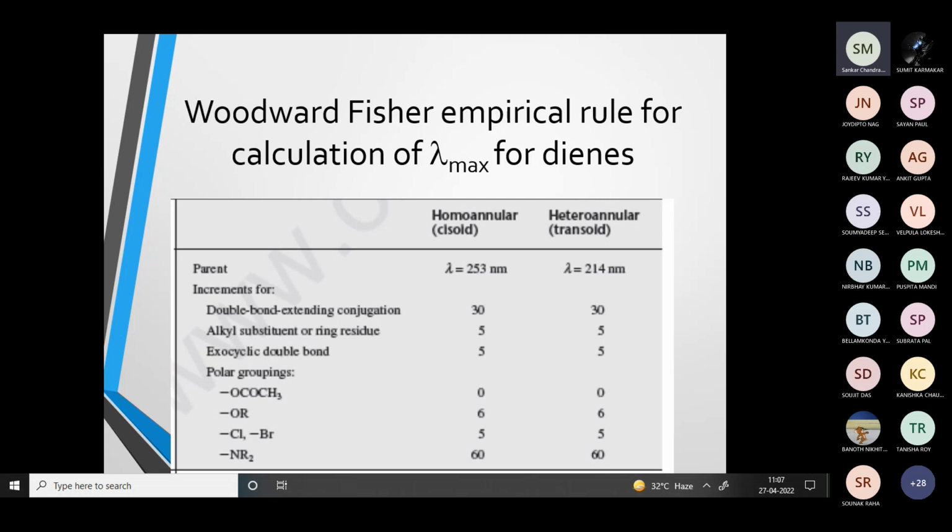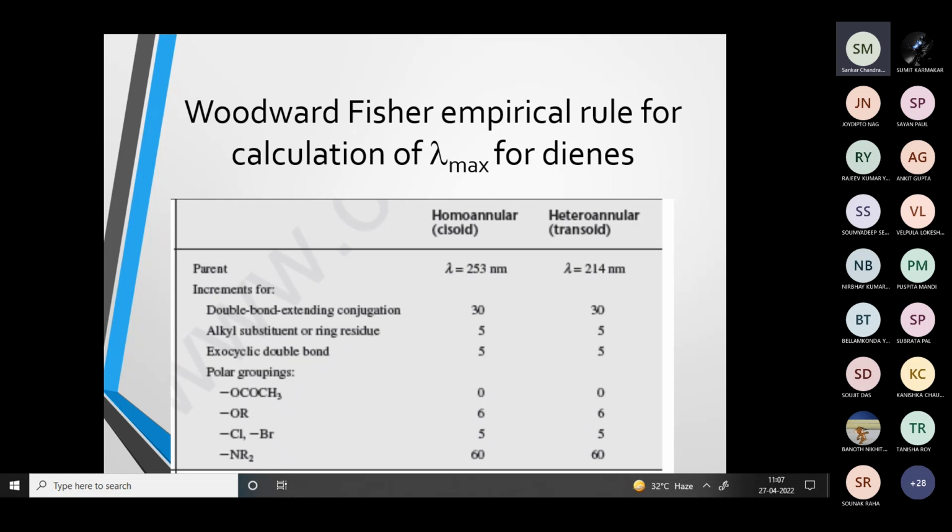Apart from this basic lambda max value, different substituents, double bonds, positions and other functional groups add to your total value, and ultimately we get a summation of lambda max that will be close to the experimental one.